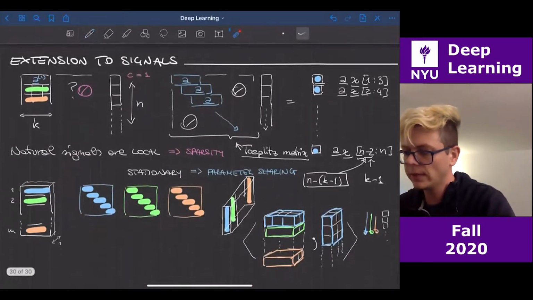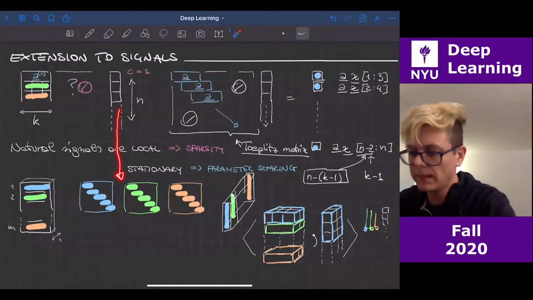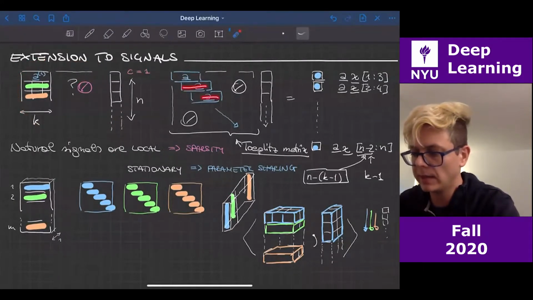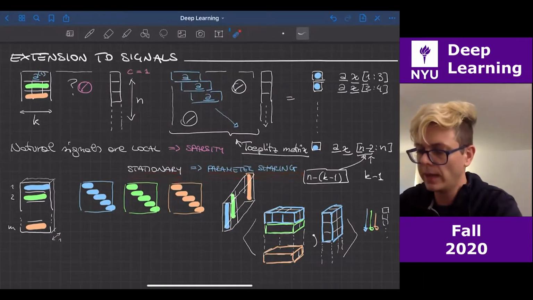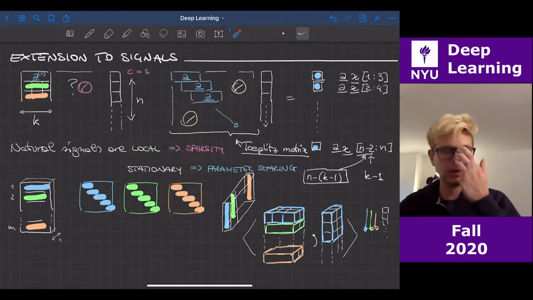And then we saw that we can extend the data that is down here and then we can modify our matrix to have a big 0 over here. And then we start sliding the same kernel over again, because we use parameter sharing, since the signal is stationary, and we have all these big zeros because we only look for local interaction. We don't care about things that are further away.